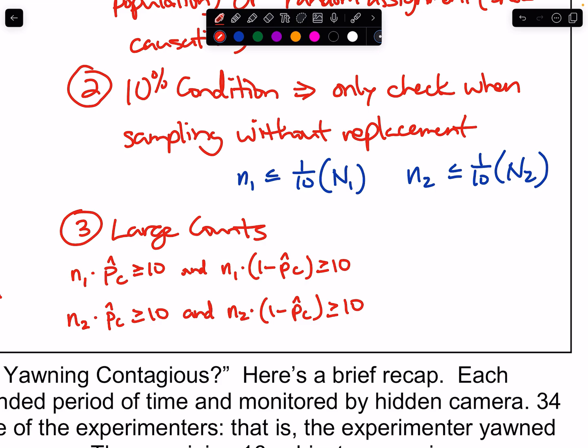And so what is this new thing, p hat combined? Our p hat combined is our sample 1 plus sample 2, the actual value we get, not sample size, but the actual value we get from those samples, divided by sample size 1 plus sample size 2.